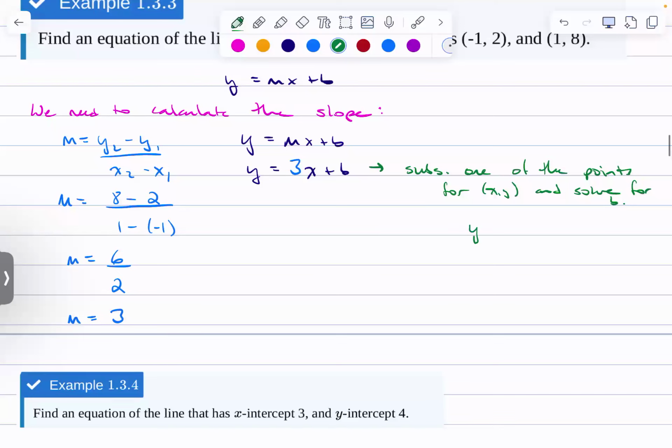So I get y equals 3x plus b at 1, 8, for example.